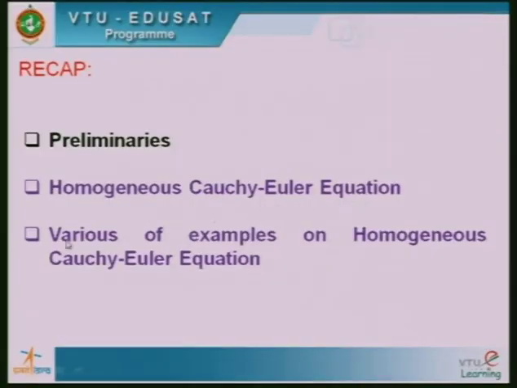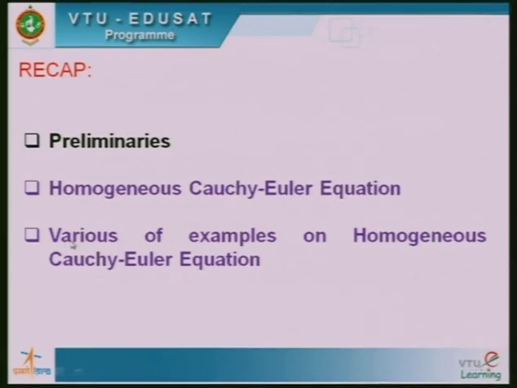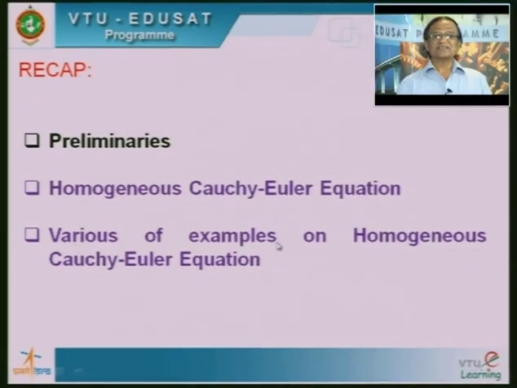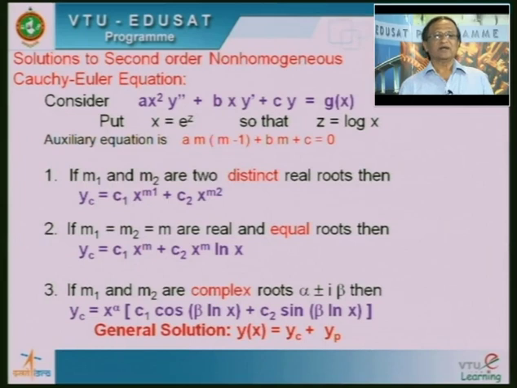Such a type of equation we call a homogeneous Cauchy linear equation, right. In the last two sessions I solved various examples on homogeneous equations, where the right hand side is equal to 0, sometimes with initial conditions and sometimes without.